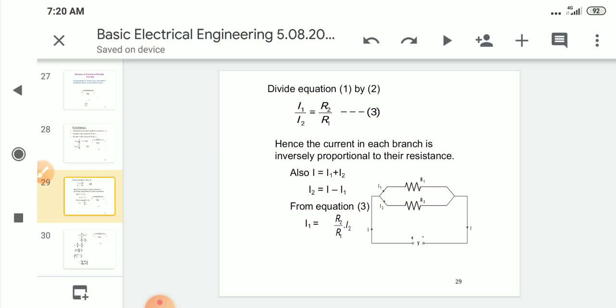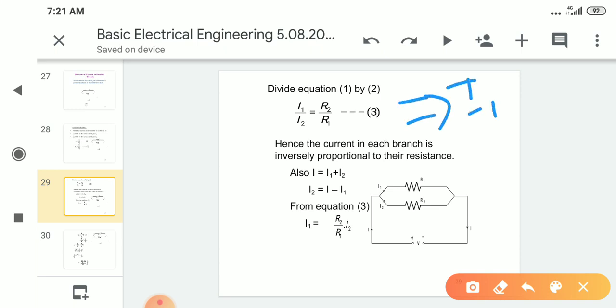From this equation 3, if we want I1, then I1 is R2 by R1 into I2. We can write this also.